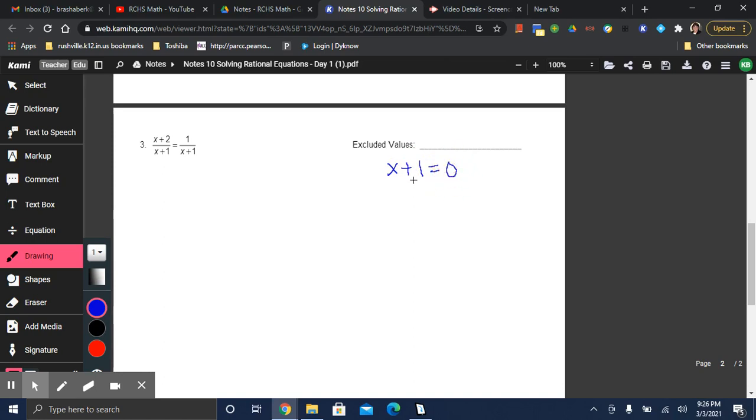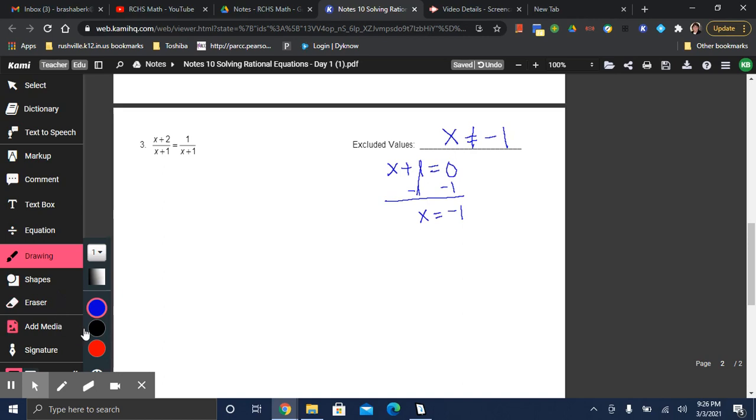So I can just take my denominator, set it equal to 0, and solve. That means I could subtract 1 from both sides of the equal sign and get x equals -1. So that -1 is an excluded value. That means that if I get an answer and it's -1, I'll have to throw that answer out because that would create a 0 in the denominator.